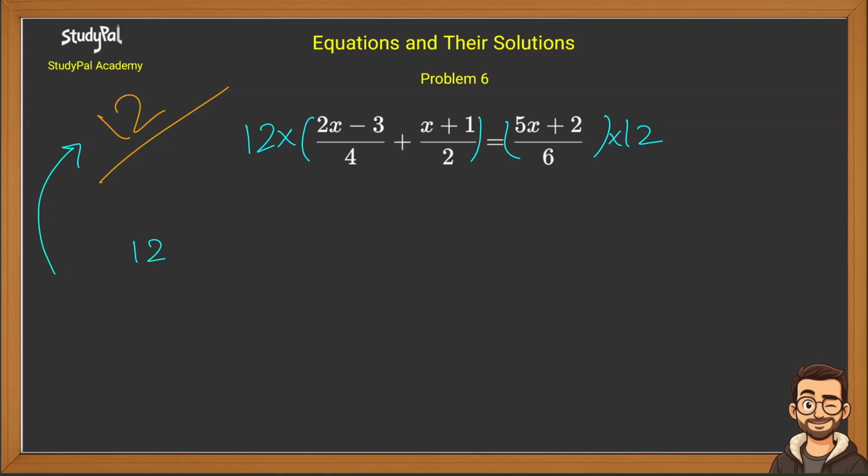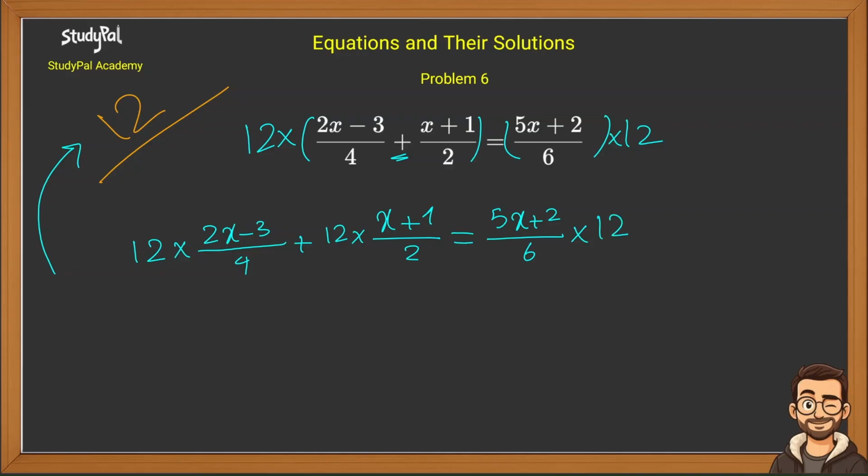Now let's expand. We have 12 times the whole fraction 2x minus 3 over 4. A plus sign here. 12 times the whole fraction again, x plus 1 over 2. See, this is the fraction number 2. And on the right hand side, we have this fraction 5x plus 2 over 6 times 12.